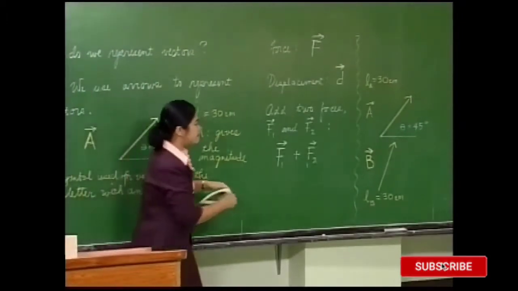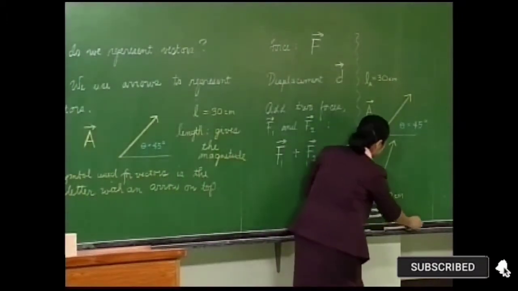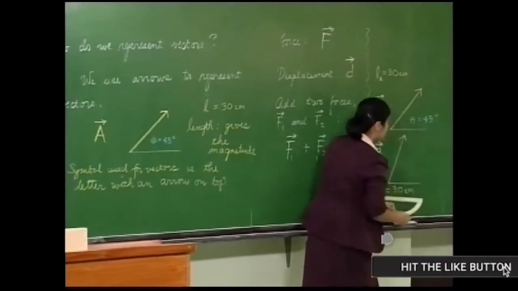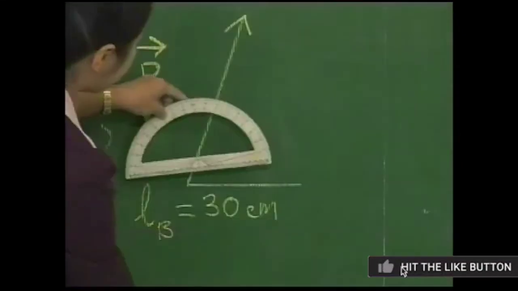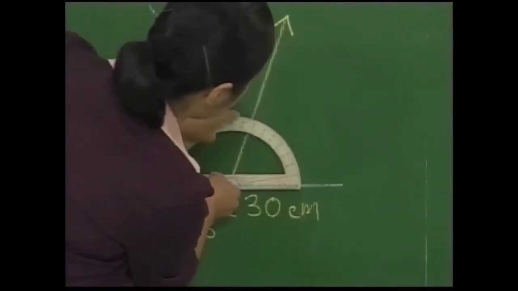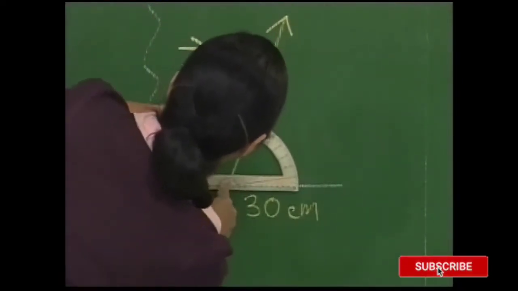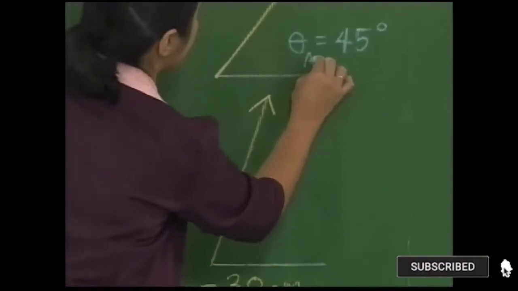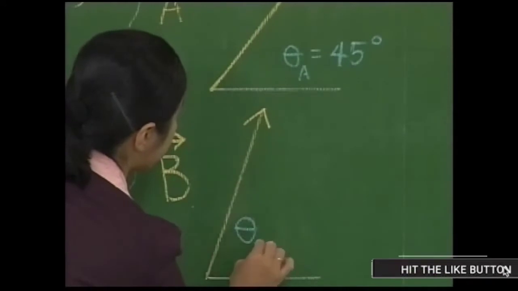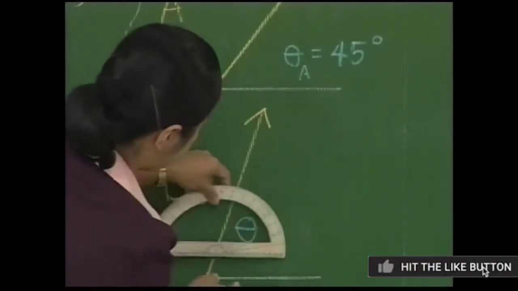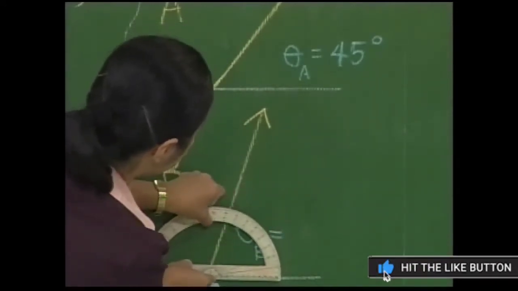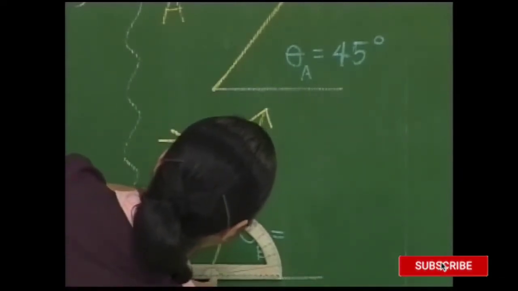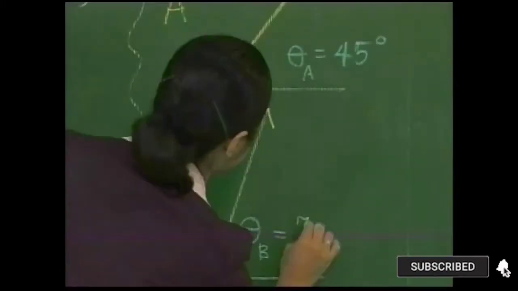On the other hand, see, if I look at the direction of B with respect to the horizontal, I measure the angle of B, it is 75 degrees. So this is for vector A, this is for vector B, and as I measure with the protractor, it is 75 degrees.